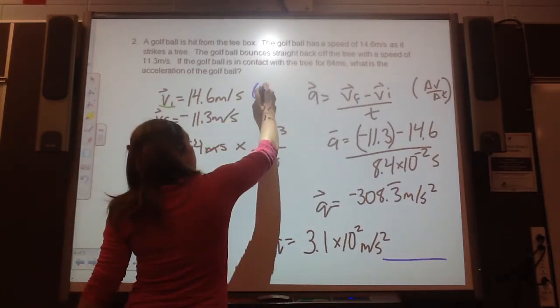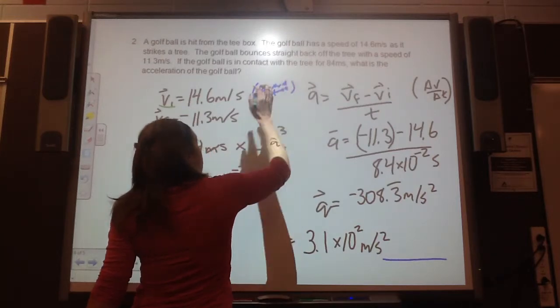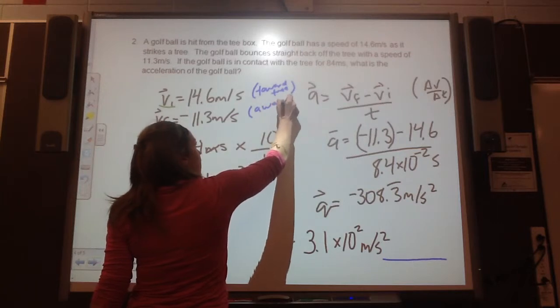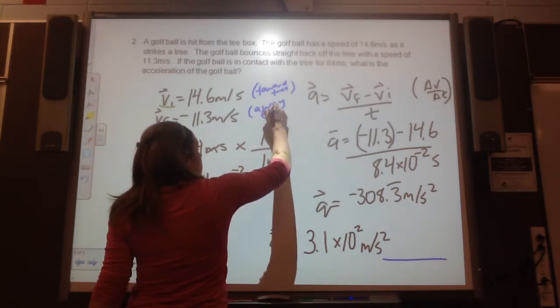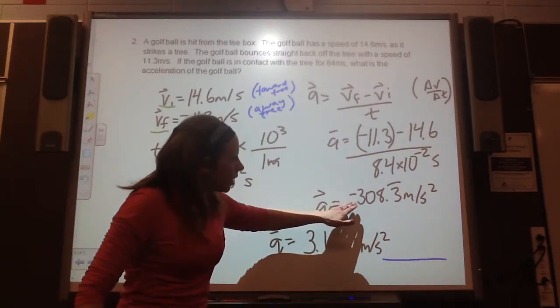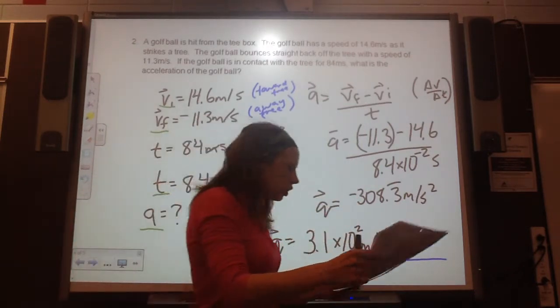Okay? So toward tree is my positive direction. My negative direction, I can just say, is away from tree. So since I ended up with a negative number, I can say that my direction is away from the tree.